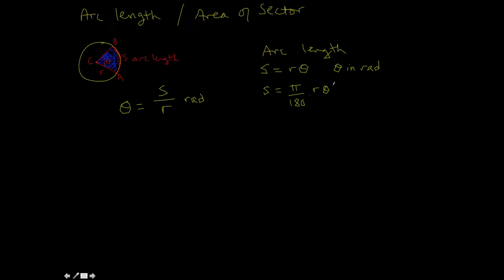Okay, so for instance, let's look at an example. In a circle with radius 6 feet, the arc length is subtended by a central angle of 1.7 radians.